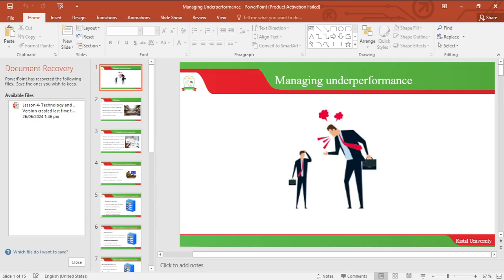As an organization, we need a performance management mechanism in place because you have incidents whereby employees are not performing well. It is upon the management, especially the human resource department, to make sure that such underperformance is managed so that the organization achieves its goals and objectives at the end of the day.